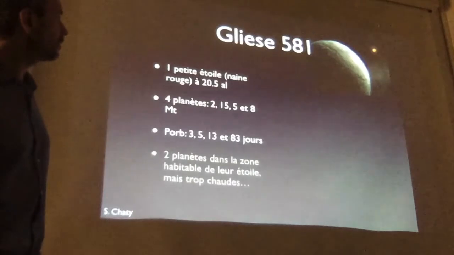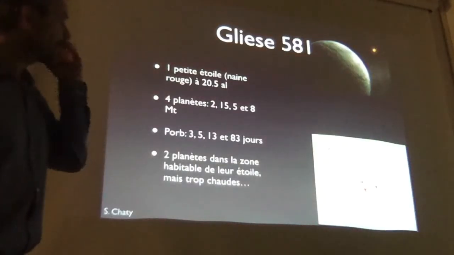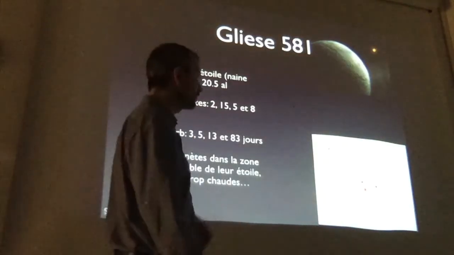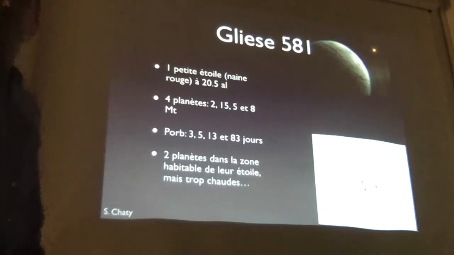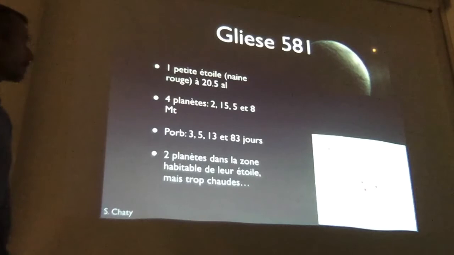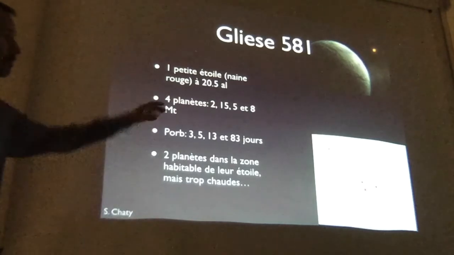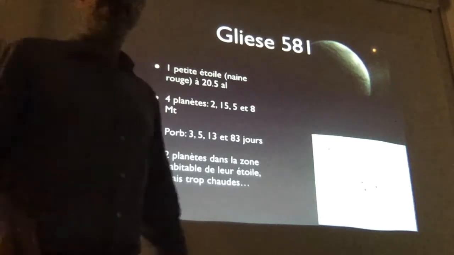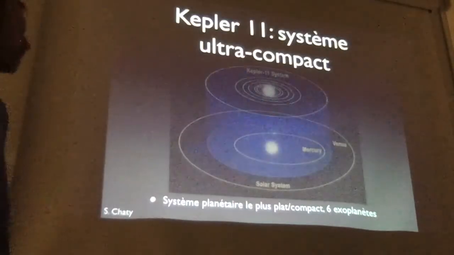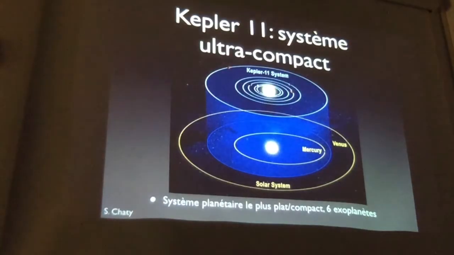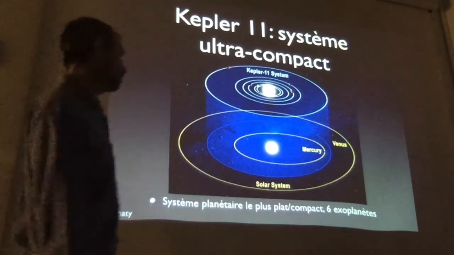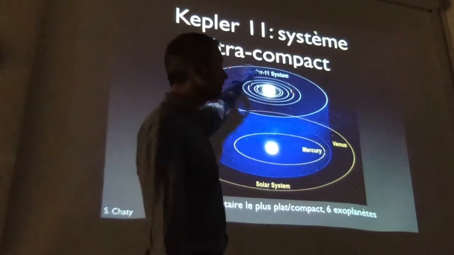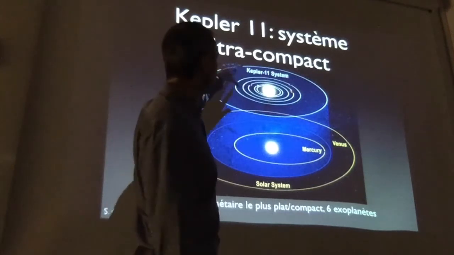Okay, then Gliese, this one. This is an interesting object also because there are two planets which are in the habitable zone that I will describe just afterwards. Just to mention that there are many multiple systems. And I think I will finish with this catalog of the planets with this one. This is Kepler 11. This is an ultra-compact system where you have 6 exoplanets around this star.